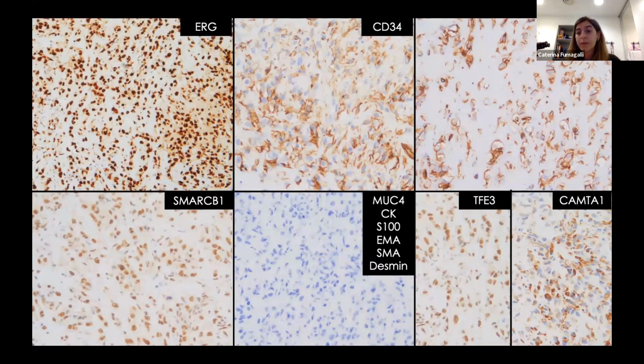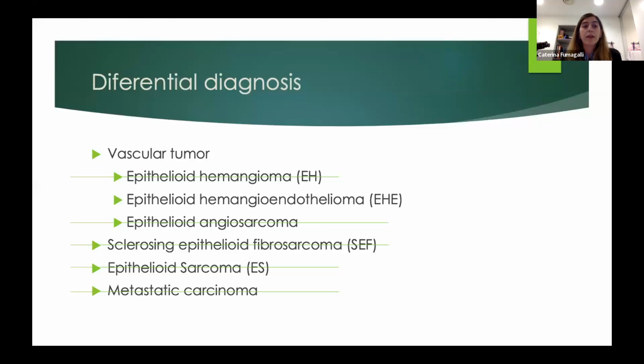TFE3 was positive, but with an intensity that is not the one we expected for a TFE3-rearranged sarcoma, because we should have an expression like that of ERG and not the one we have. And CAMTA1 is negative. So I eliminated all the other differentials at the time, but I was not confident in calling it epithelioid hemangioendothelioma because CAMTA1 was negative.